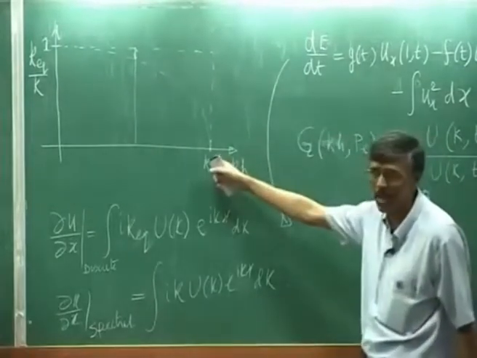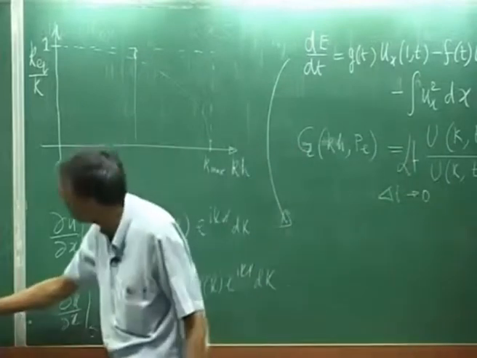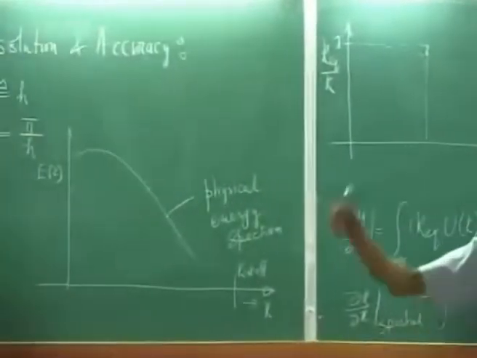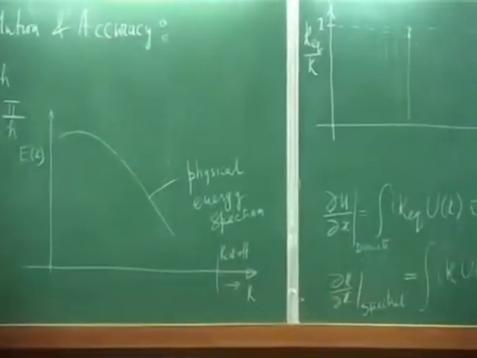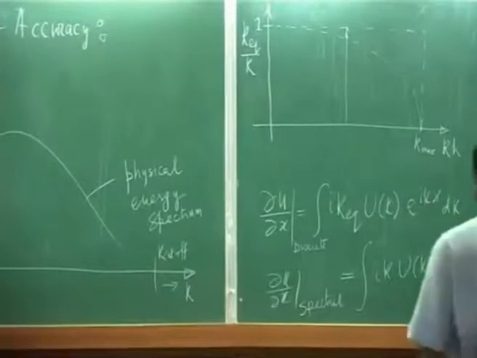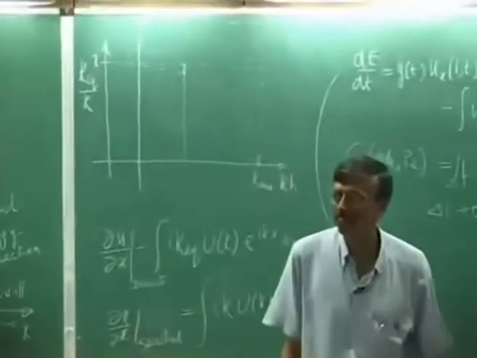So, my k max is here. I was very blasé here by saying, oh, my k max is more than k cutoff, so I should be okay, but here we are seeing we are not. What we are seeing is that we are actually getting somewhere here.